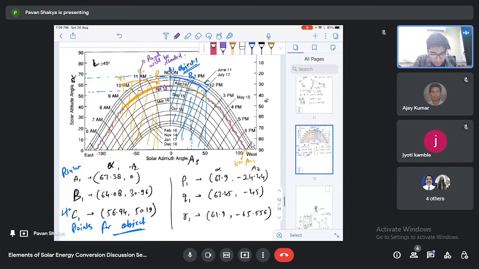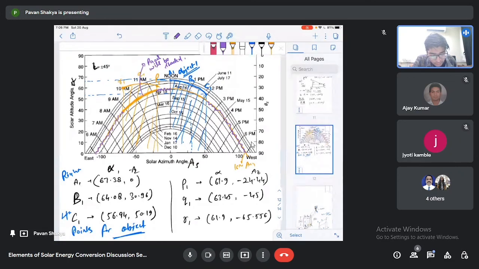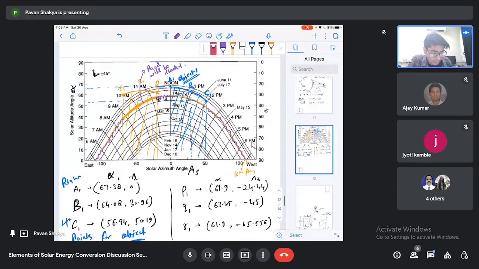After that, suppose this one is our 11:20 or 11:30 a.m. Then between 11:20 or 11:30 a.m. to 12 noon the PV panel will not be shaded. After that you can see that after this 2:10 or 2:15 p.m. the collector or the panel will not be shaded.